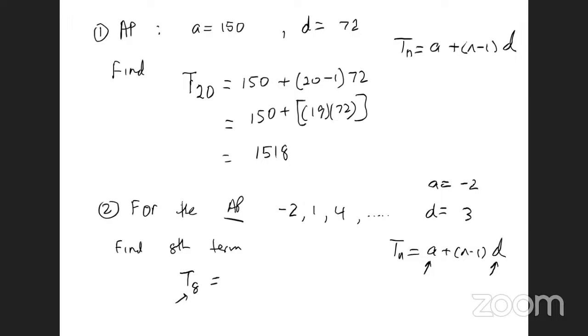So that'll be minus 2 plus 8 minus 1 by D. D is 3. So that'll be minus 2 plus 21, which is 19. Nice, clear.